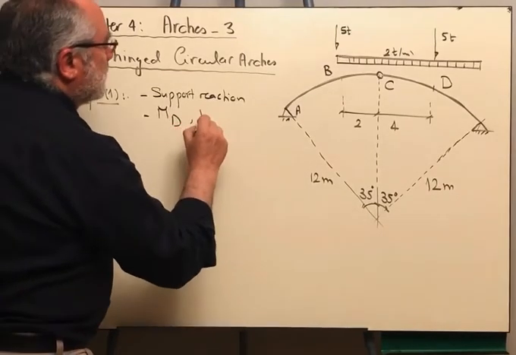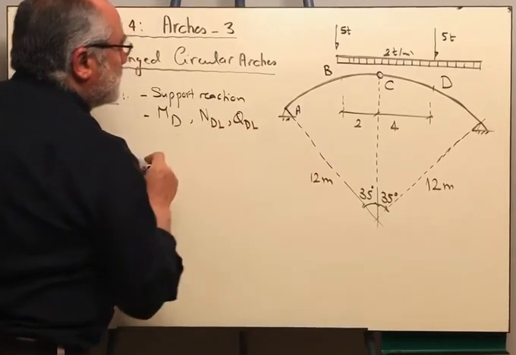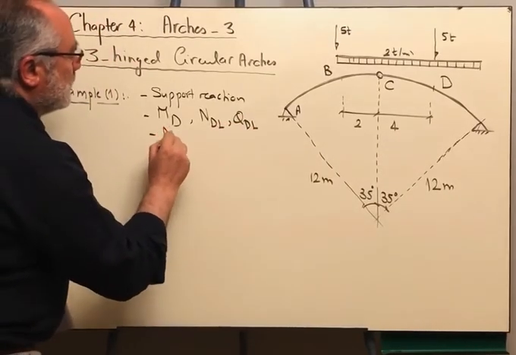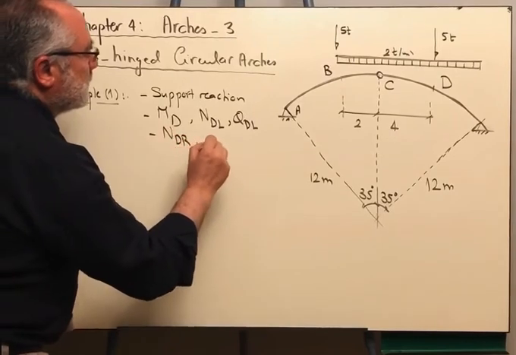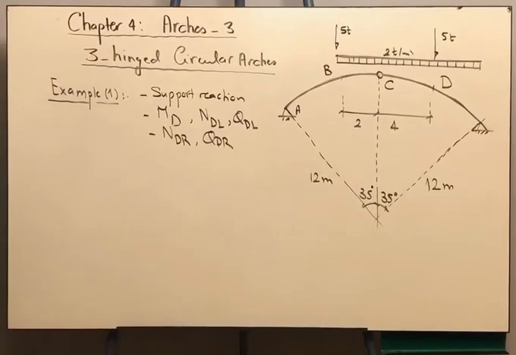And we want to get the normal force at point D left, the shear force at point D left, the normal force at point D right, and the shear force at point D right. Okay?